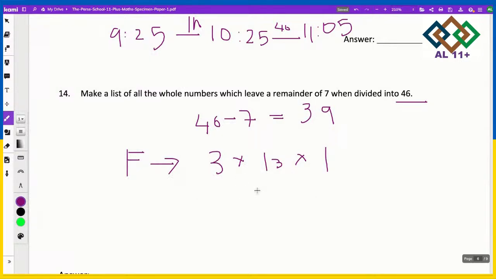And if you look at these factors, you know that 3 and 1 can't give you remainder 7. We need a remainder that's 7.